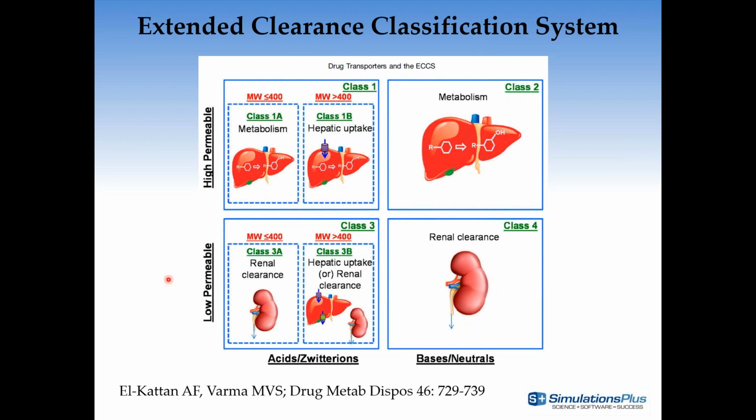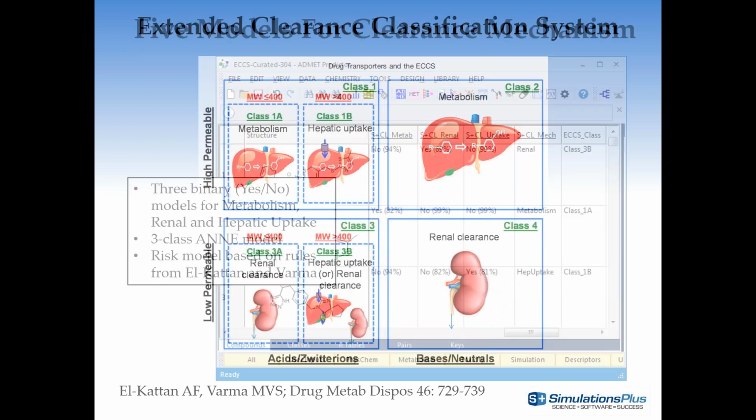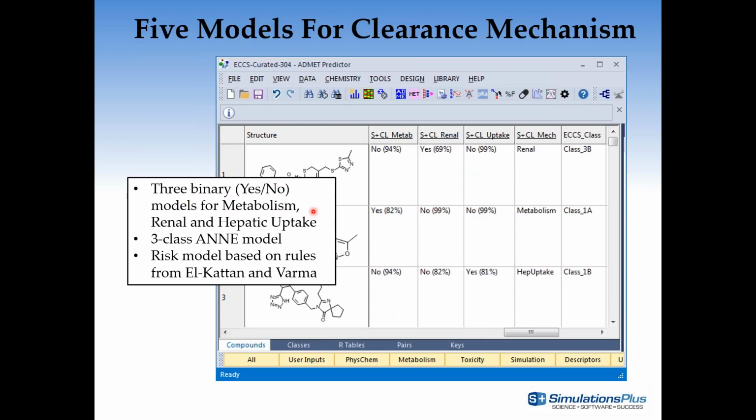The scientists were kind enough to share their data with us, which we have used to build a number of different related models, 5 of them. One of the models that we built is meant to closely mimic the Varma-El Katan model. So it's a model that predicts for each compound one of 6 classes, just like the original ECCS system does.